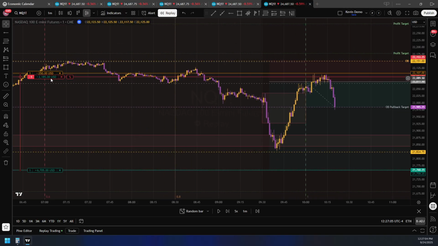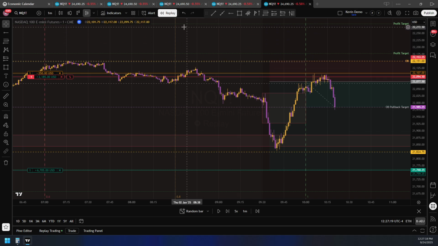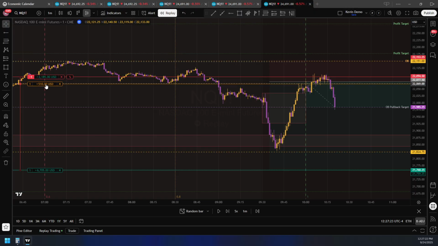And we got one contract. We're currently up $2,185. Holy crap. Our target is 317 points. Damn. I'm gonna lock in some of this profit. I didn't realize we were that far in the money.